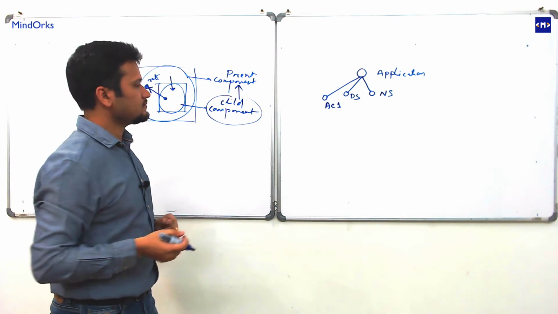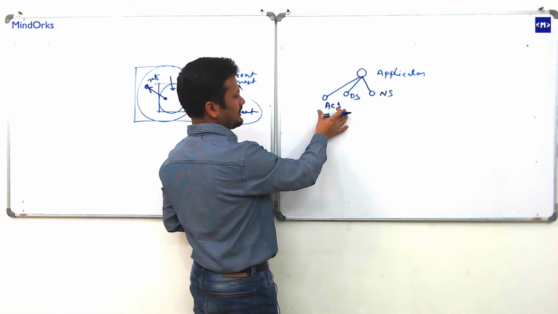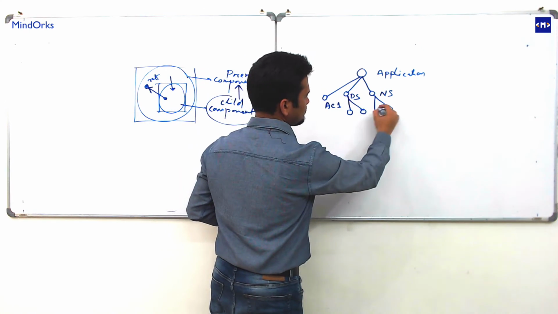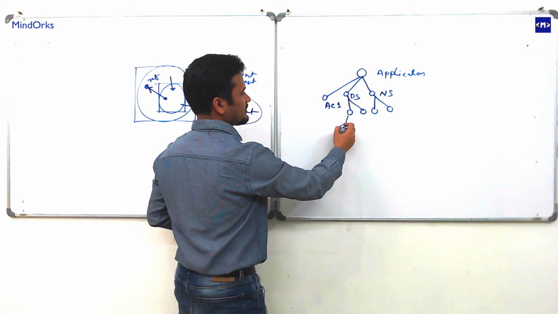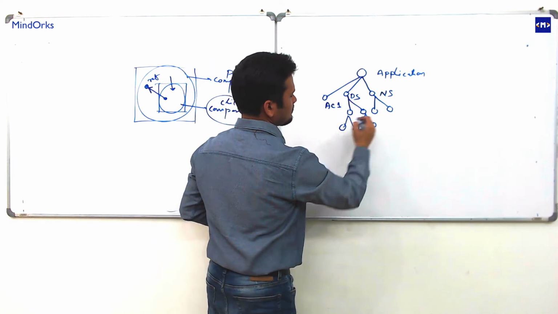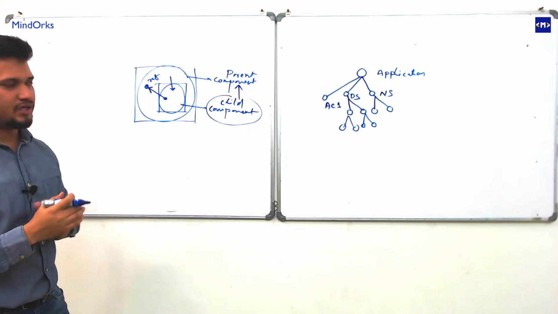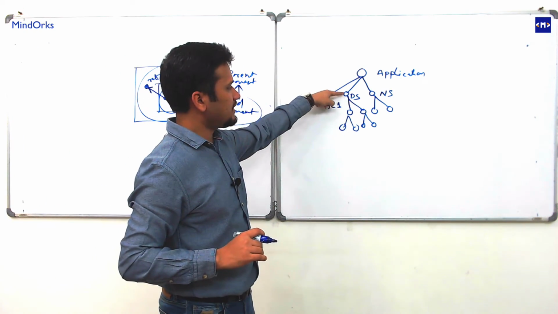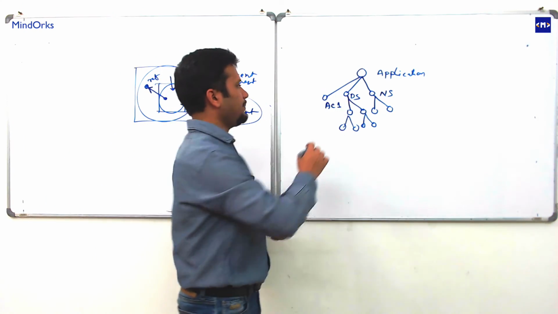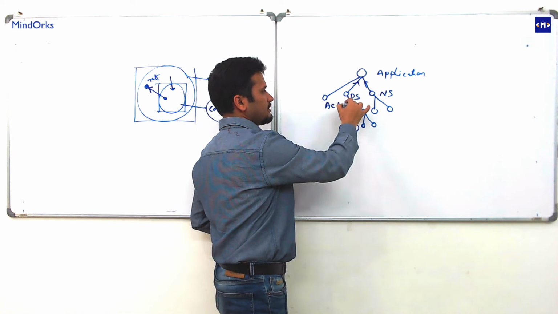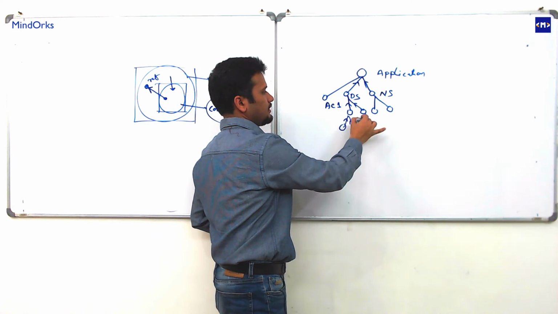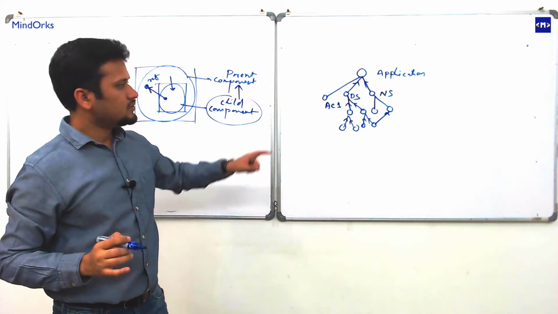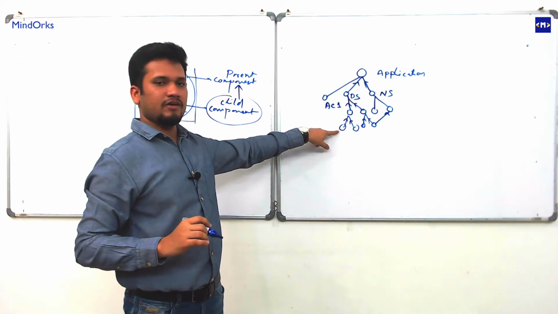Now this further creates other objects. Okay, and this further creates other objects. So this tree like structure is formed where the parent is creating the other object and holding the reference. We can also share the components. So each child is referenced by the parent.